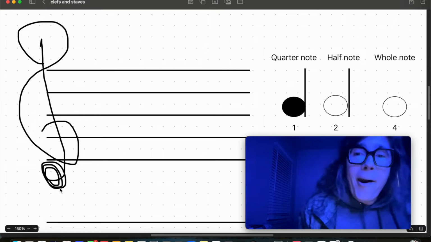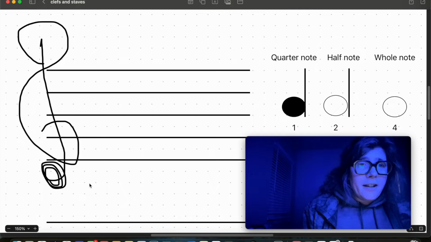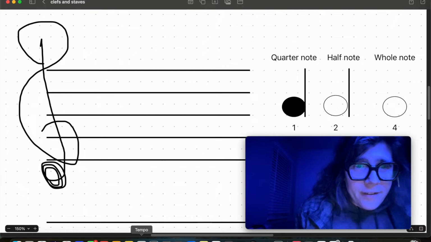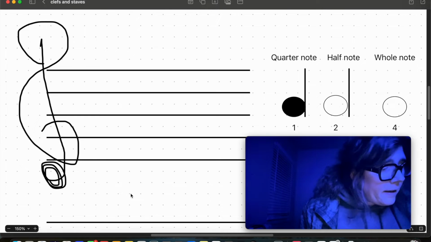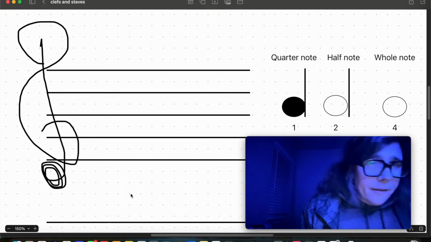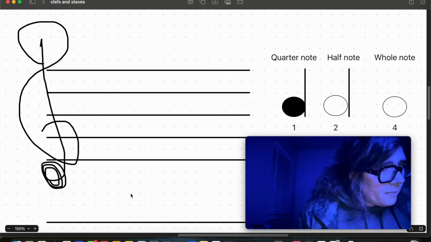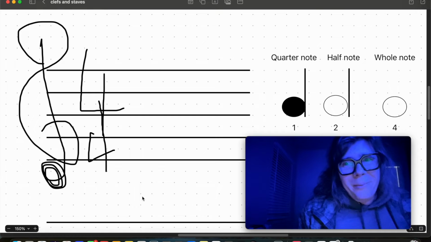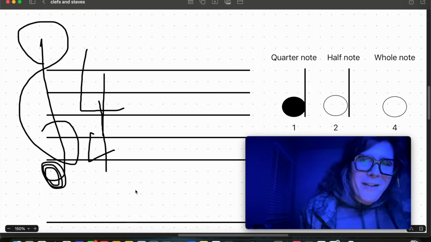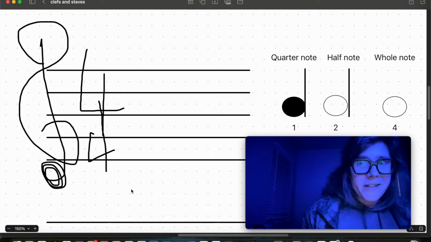Fine. Passable. So I have a treble clef here. And the next bit of information we're going to add to this is a time signature. I'm just going to draw it here. We're going to talk about the old 4/4 first, but these are giant numbers. Oh man, I've got to practice with this. Anyway, so we have a 4/4 there, and what is this telling us?